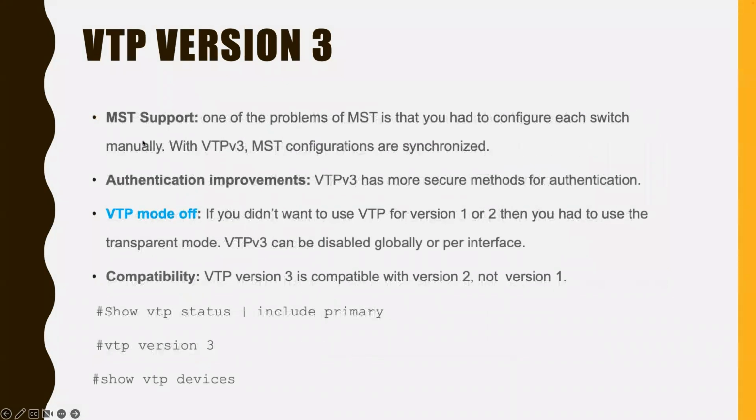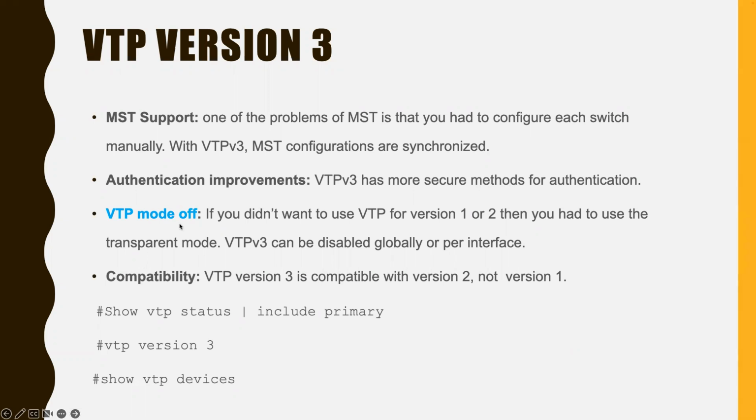Similarly, multiple spanning tree, we'll go through it in the next session. This MST information is also advertised using VTP version 3. There is also an authentication improvement: in VTP version 1 and 2 we can only define plain passwords, while here we have better, more secure methods for authentication.